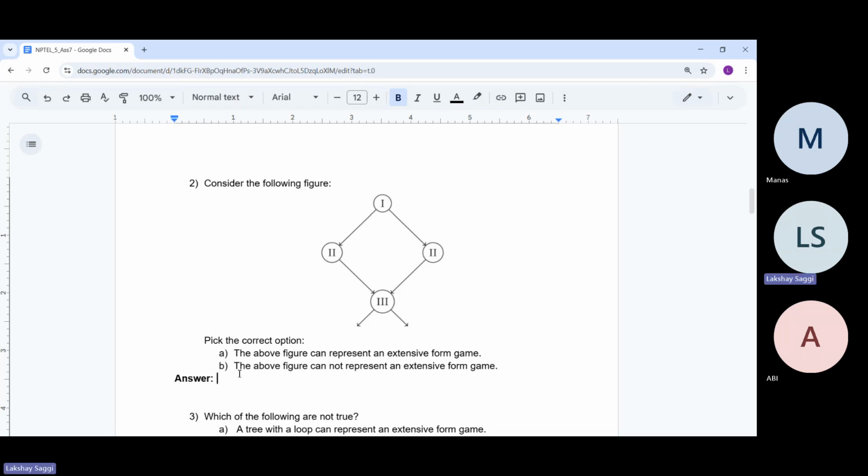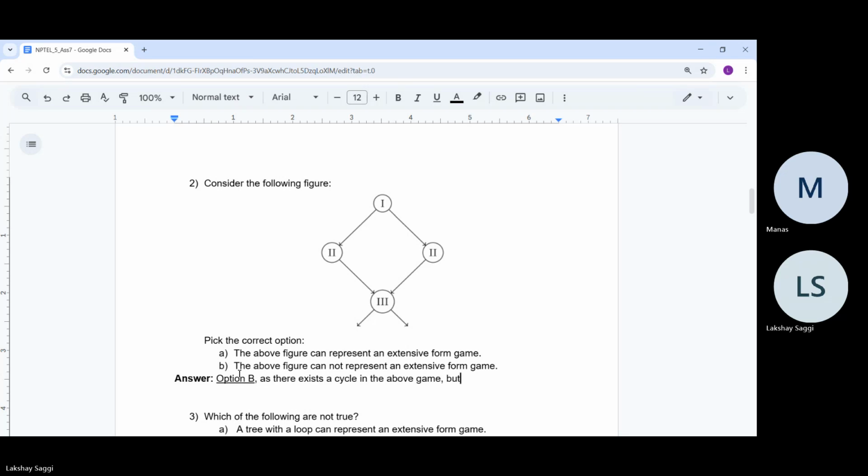So the answer is option B. There exists a cycle in the above game, but an extensive form game cannot admit a cycle.